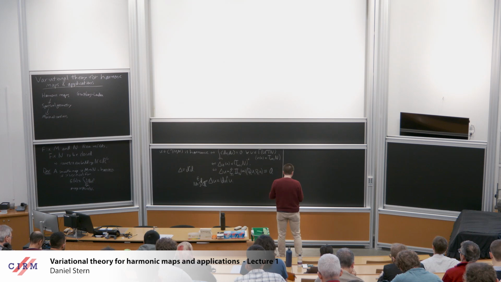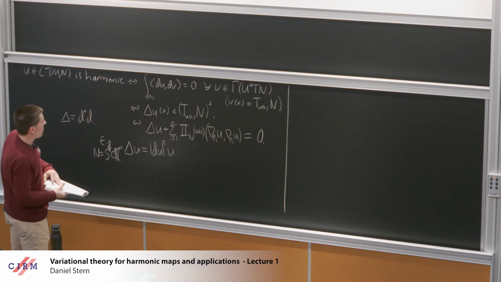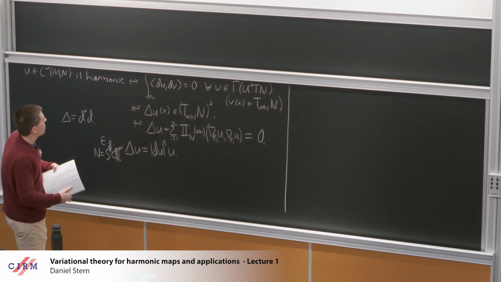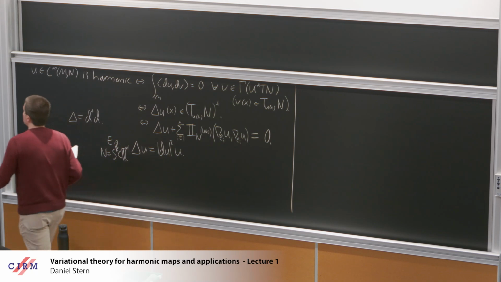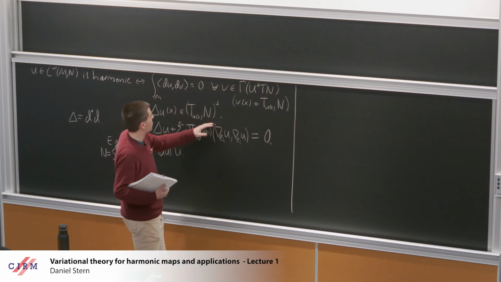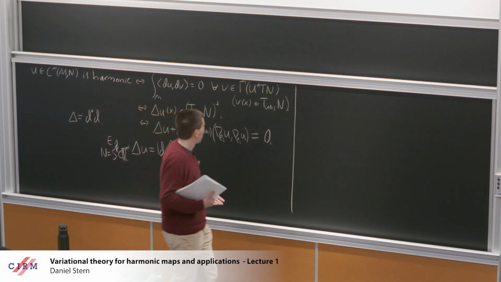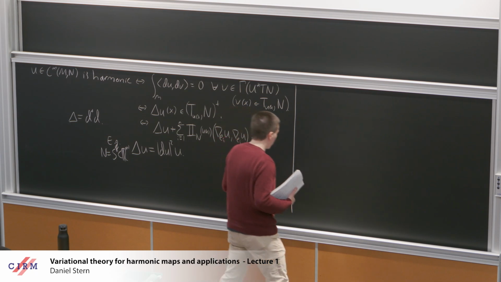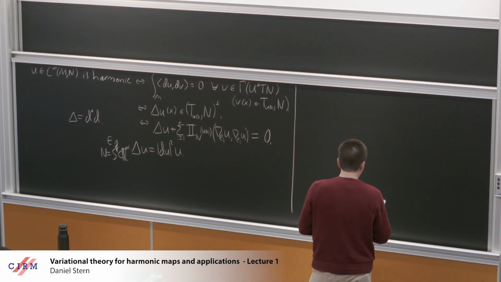And maybe I should remark that, depending on your applications, you can also frame all of this in terms of things intrinsic to N. Here, we're making reference to this embedding in R^L. Of course, you can also formulate it with geodesics, just in terms of the geometry of N. For what we're doing, we're going to stick to this formulation, and of course, it's all equivalent.